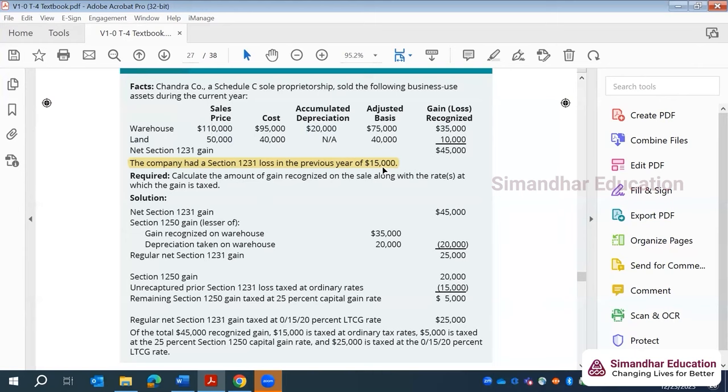So if my warehouse sale price is $85,000 and my cost is 95 and my adjusted basis is 75. What will be the gain that I will have on the transaction? $10,000, right? Now this $10,000 will be my Section 1231 gain or my Section 1250 gain.